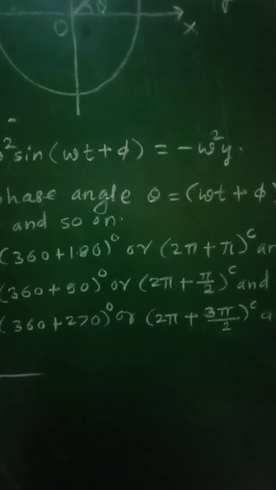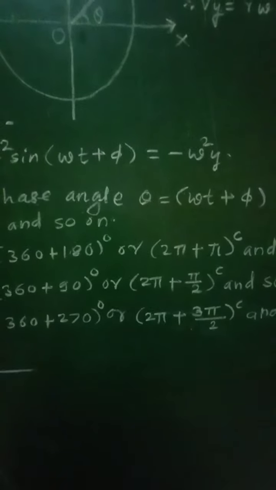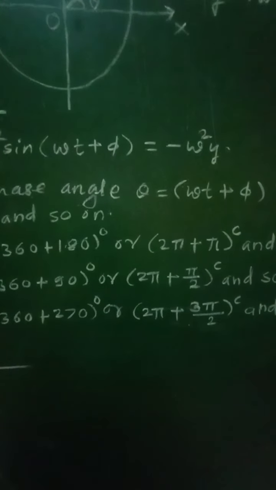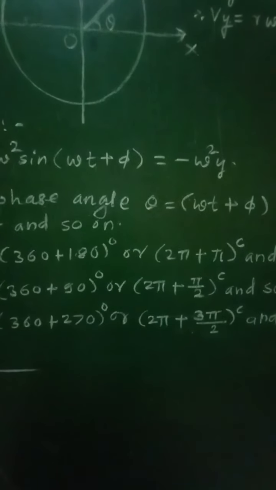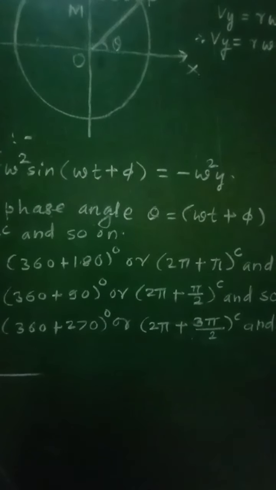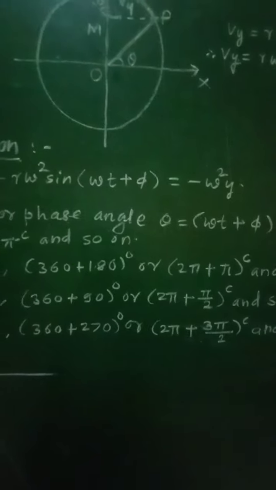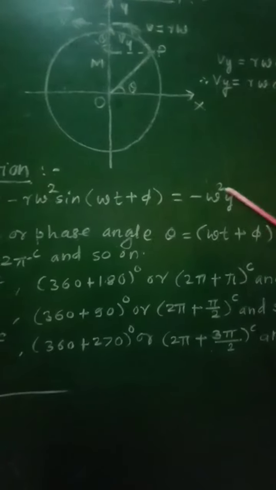So this equation is similar to the equation for the acceleration of the particle performing SHM, and therefore this will be the corresponding acceleration for linear SHM. So this will represent linear SHM.